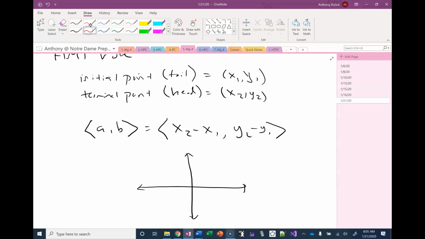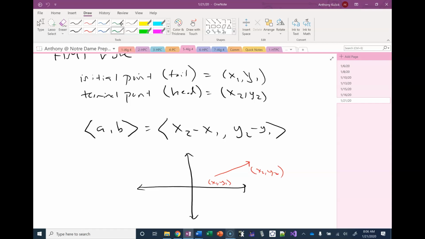So just to demonstrate what we're doing, say this is our vector here. What we want to do is perform a translation and move this vector so that its initial point is at the origin, right? What type of transformation involves just picking it up and moving it?